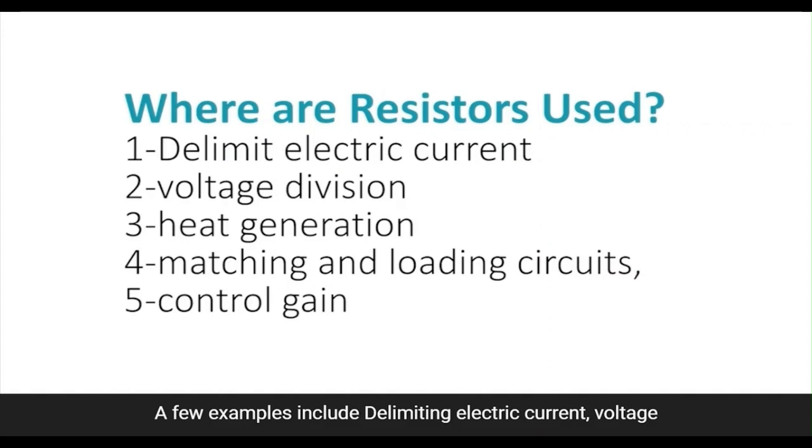A few examples include limiting electric current, voltage division, heat generation, matching, and load circuits. There are others such as control gain and fixed time constants. They are commercially available with resistance values over a range of more than 9 orders of magnitude. They can be used as electric brakes to dissipate kinetic energy from trains or be smaller than a square millimeter for electronics.